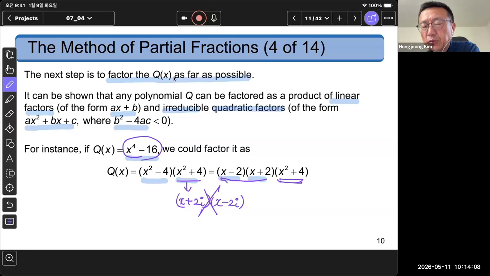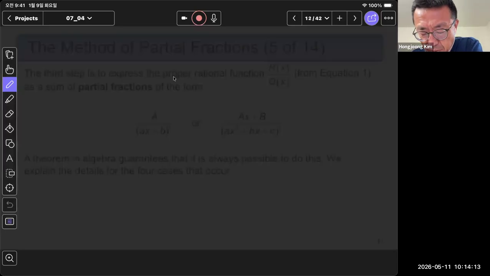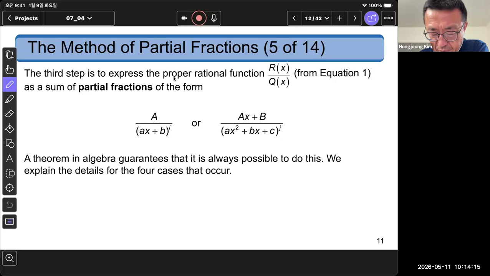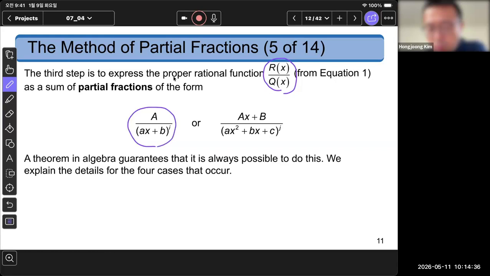Now, the third step is to express this proper rational function as a sum of partial fractions, this type function or this type function.